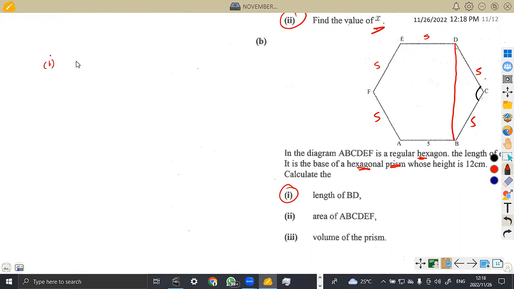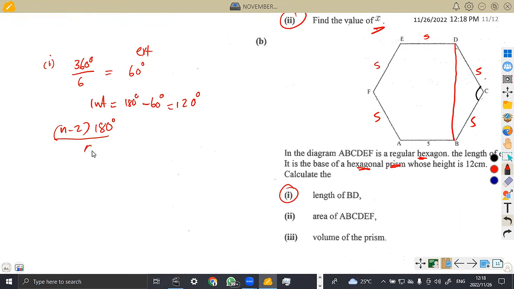So we want to calculate the angle. It's going to be 360 divided by 6, which is 60 degrees. That's our exterior angle. So the interior angle is going to be 180 degrees minus 60 degrees, that's 120 degrees. Or you can use n minus 2 times 180 degrees divided by n. There you can calculate each interior angle, which is 120 degrees.